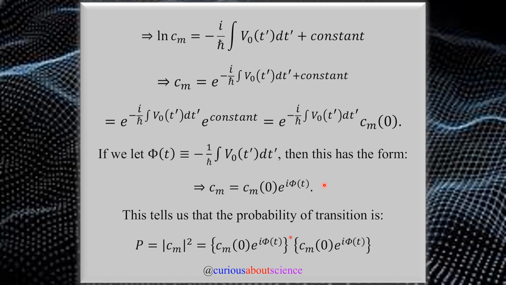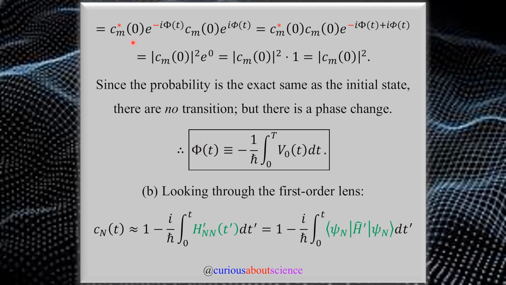That being said, we still have to find the probability. So what is the probability here? Well, that's just the coefficient squared in magnitude, but that means the conjugate times itself. So let's take this piece by piece because this does get a little annoying. So conjugate of the coefficient at t equals 0 term, flip the sign on the i, leave the other two alone.